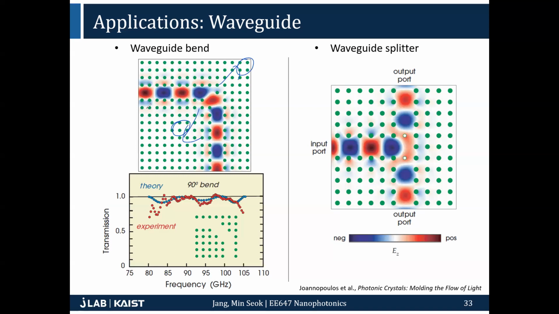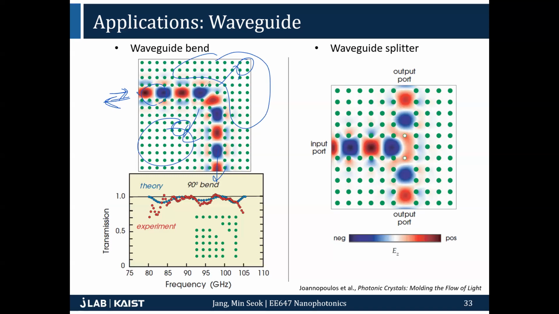But what I missed was the possibility that this incident wave is just reflected back instead of getting transmitted, right? The fact that this photonic crystal has a band gap doesn't prevent the wave from getting reflected, right? So in order to actually create a waveguide band, what you need to do is to minimize this reflection. So it's not as easy as I originally said.